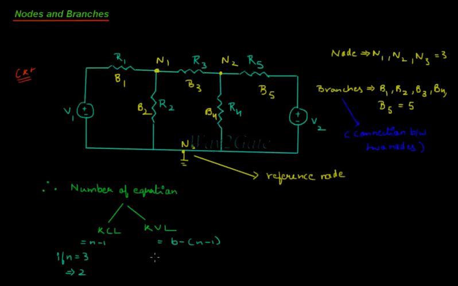For the number of KVL equations, we have b equal to 5 and n equal to 3. On putting the values of b and n in the above formula, the number of KVL equations comes out equal to 3.